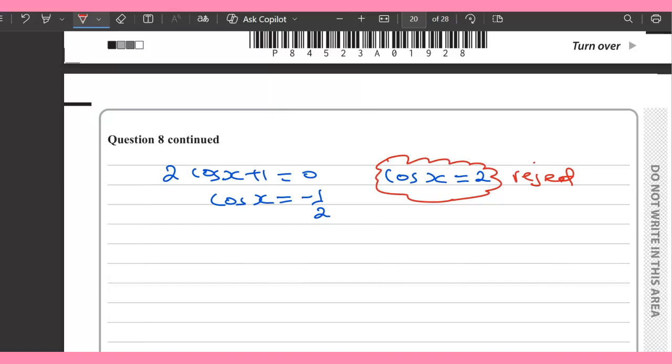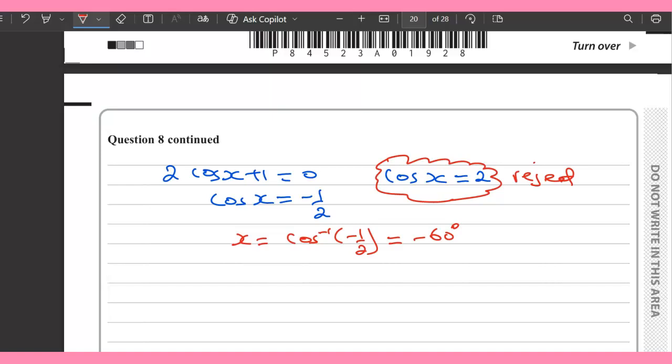Now we are remaining with the negative a half. We can get the basic angle in this case, and the basic angle for negative a half is simply 60 degrees. So we'll have x equal to the cos inverse of negative half, which is related to 60 degrees.